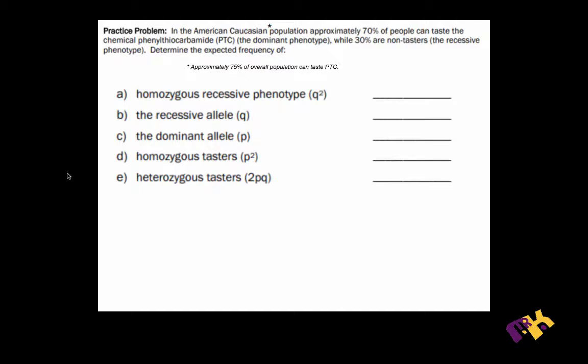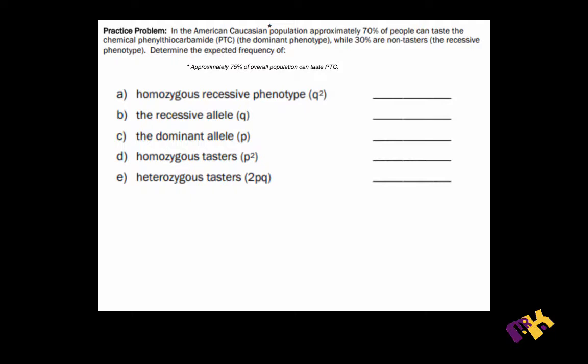So, what if we were to try to determine some things in a Hardy-Weinberg sort of way, using the Hardy-Weinberg equation, as far as the frequencies of the different phenotypes in a population? We're going to use this idea of the PTC taste ability, and this information was looked at in a Caucasian population where 70% of people can taste it, 30% cannot.